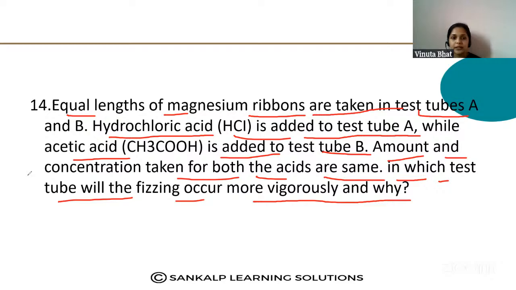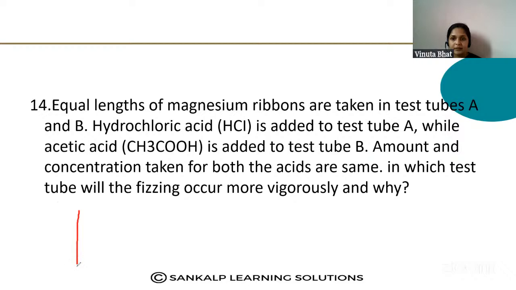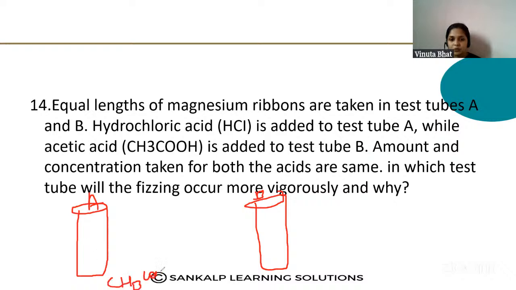Just imagine this is test tube A and this is test tube B. Acetic acid, CH3COOH, is added in test tube B.